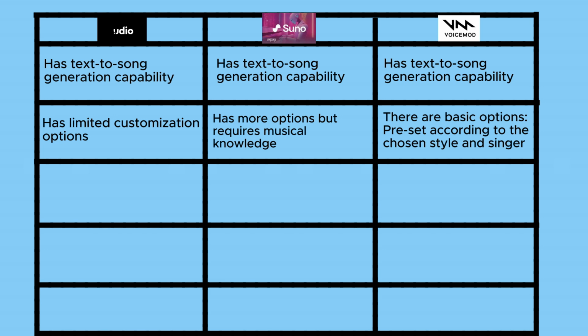Udio AI is easy to use. Suno AI is fair, and Voicemod AI is very user-friendly. It is ideal for beginners. In terms of sound quality, Udio AI is fair and acceptable.